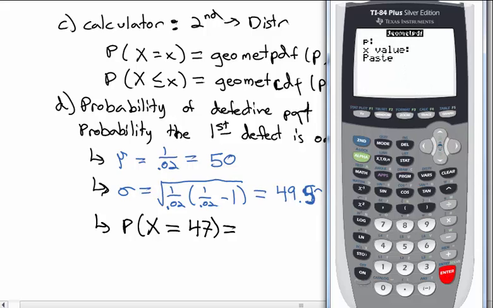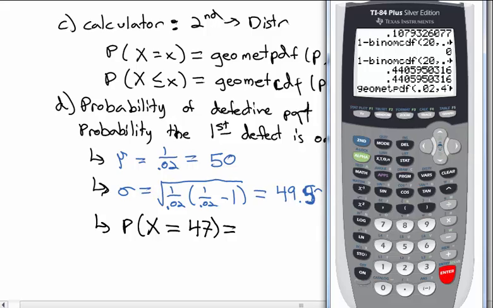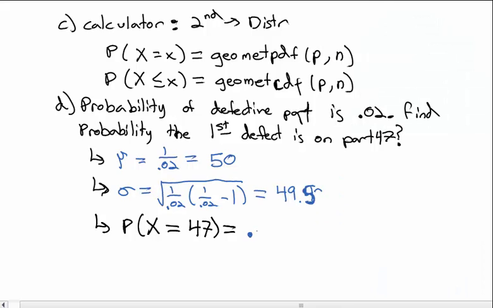And again, on the 83, you type in these numbers separated by commas, which are right next to the parentheses. Here, we're just going to type in the probability we said was 0.02. The x value we wanted was 47. And we're going to paste, and there's the geometric PDF, just like you would type it on the 83. Hit enter, and we get 0.0079. 0.0079 is the probability it would happen on the 47th attempt.